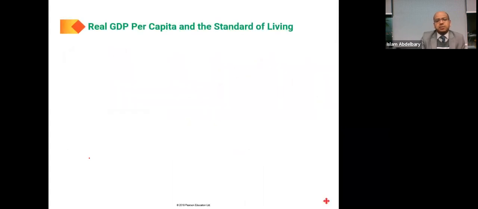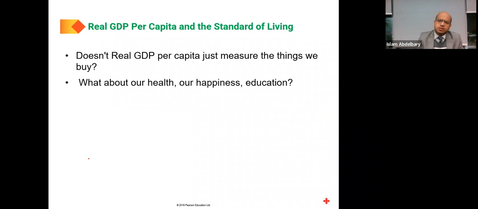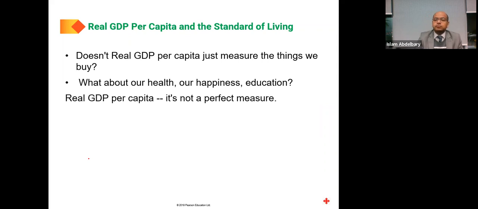But income is not everything. GDP per capita does not reflect every single improvement in the economy. What about health? What about education? What about happiness? It's not included in the GDP per capita.